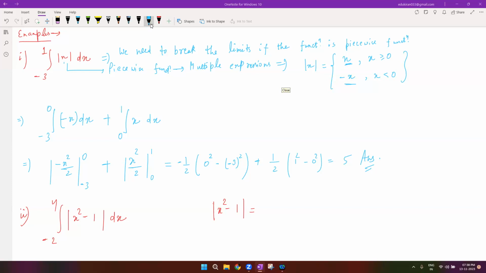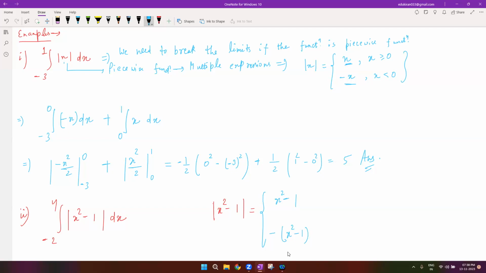So as soon as I saw the modulus, I know that this modulus can either be written directly as x square minus 1, so I directly open it like this, or I can write this as minus times of x square minus 1. This is the way that we approach mod x.